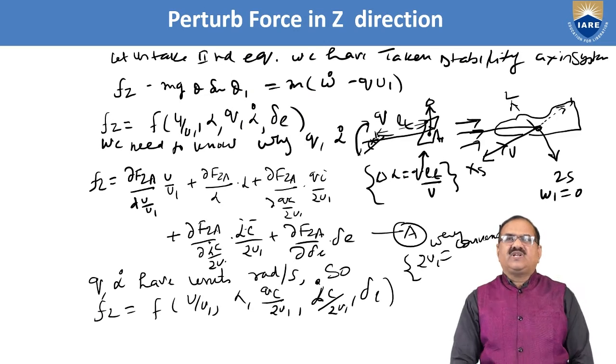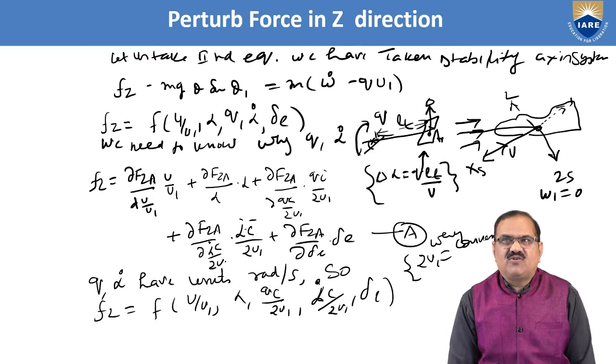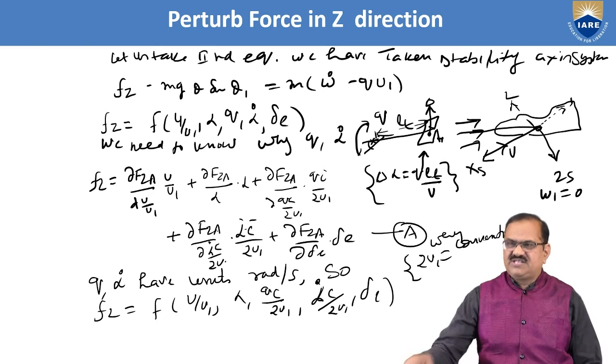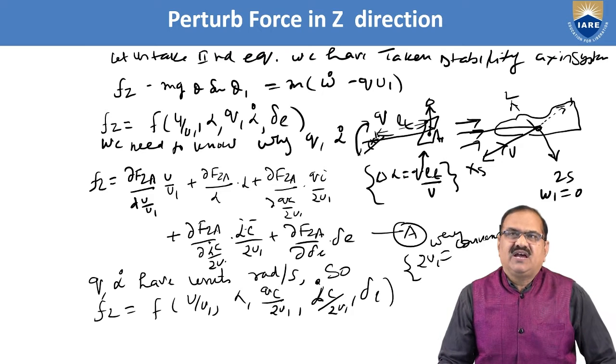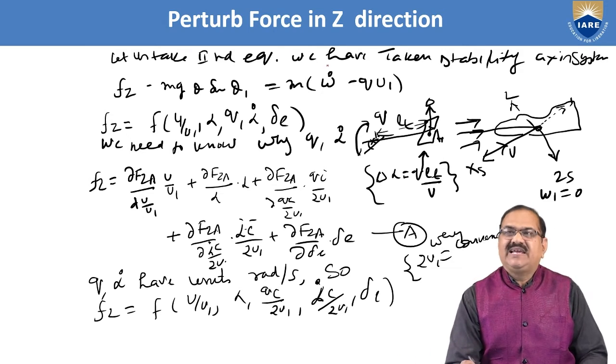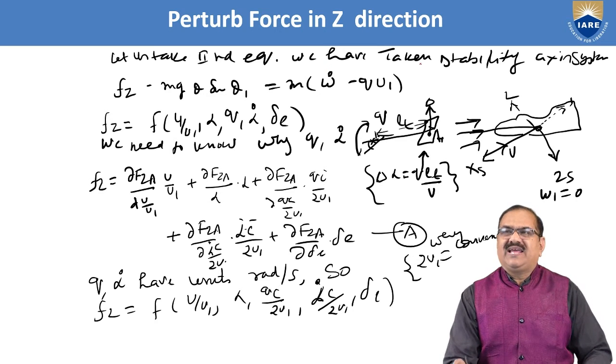parameters. Today I am going to discuss the Porter force in Z direction, and we have seen these equations. Let us take the second equation which we have already derived. We have taken the stability axis in this case.